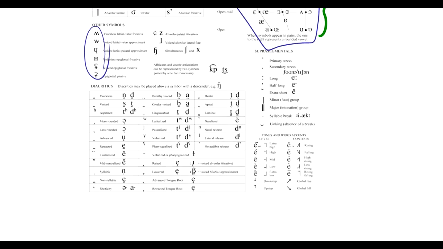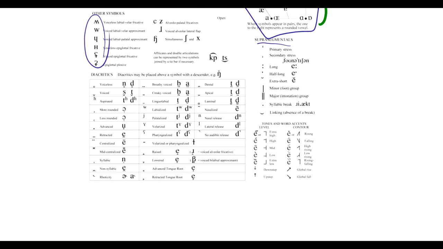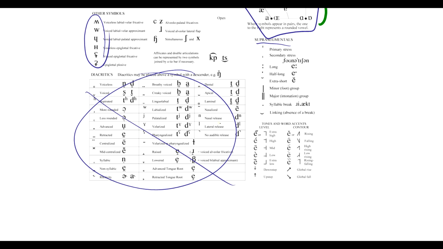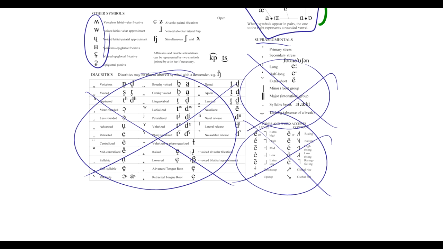And things called suprasegmentals over here, which are ways that we denote stress, long syllables, and where syllables break. And then there's a bunch of other diacritics that change things, but again, this is more for advanced phonetics, and we won't be dealing with this, or any of this, or any of this. So those are things you can explore a little bit later.